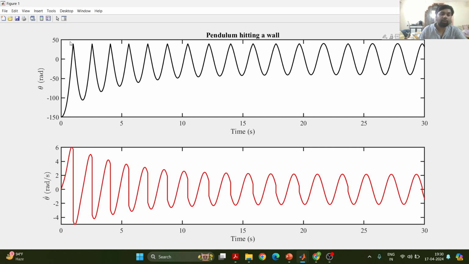So it's bouncing back, right? In the angular velocity we can see that change. Here the angular velocity was something, and then it suddenly reverses its direction. That shows that impact has happened here.